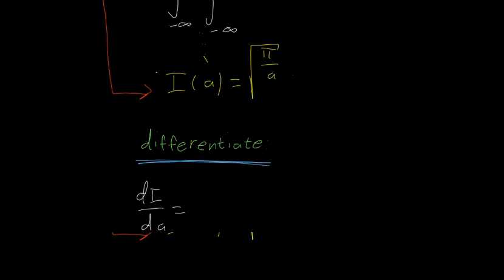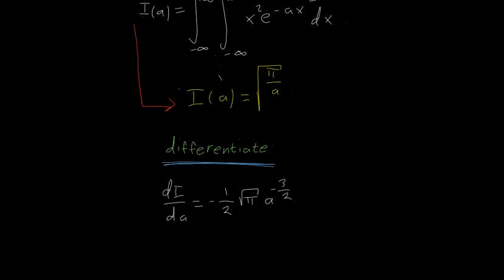It gives us negative 1/2 of root pi times a to the negative 3/2. That's after we've differentiated I of A. So dI/dA gives us this.